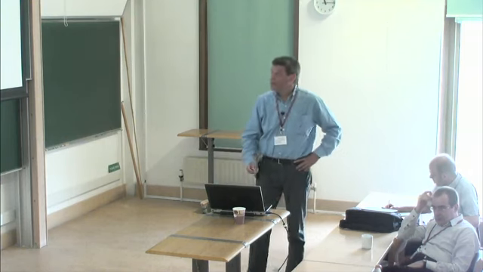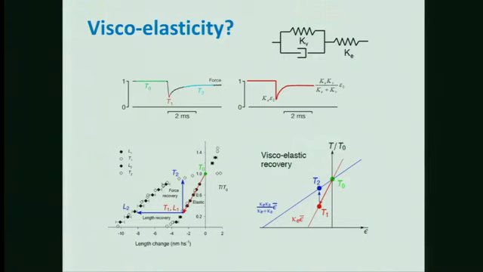All right. So is it really viscoelasticity? So the first idea, actually, from the work of Hill, is that there is some kind of simple element like this, consisting of springs and dashpots, because that's the observed behavior, and that's what this element would show.